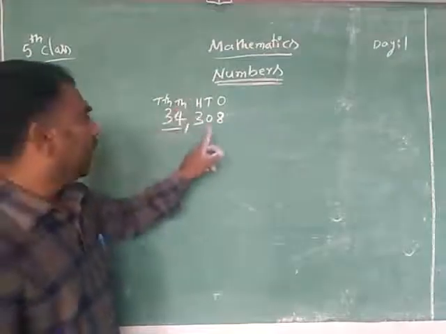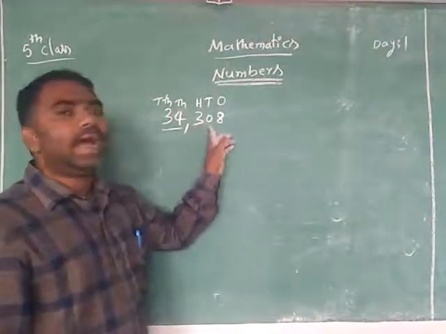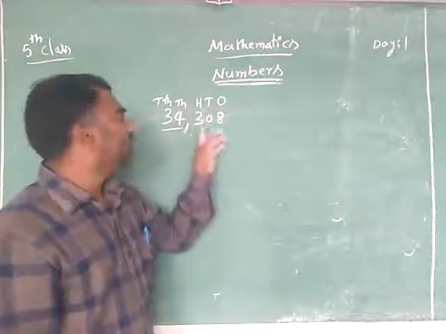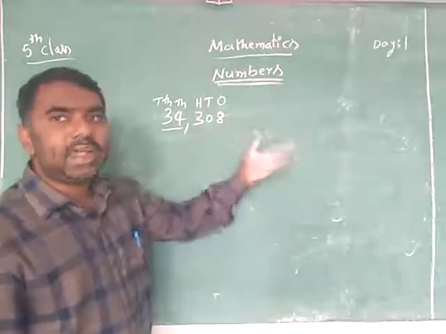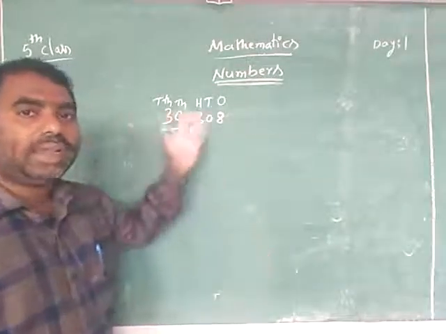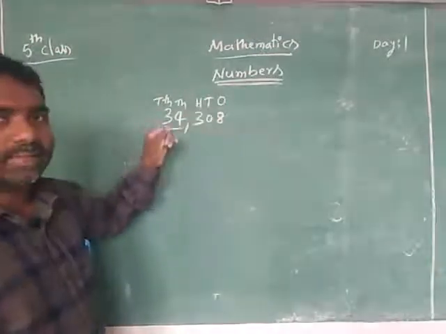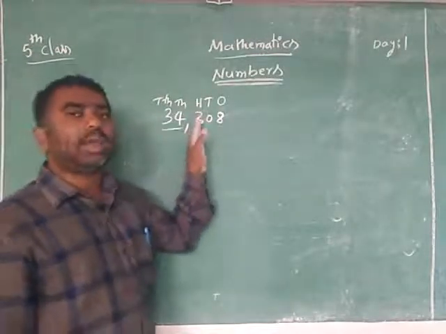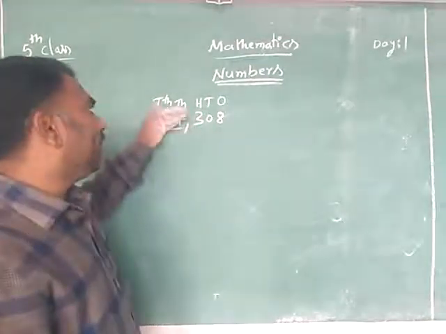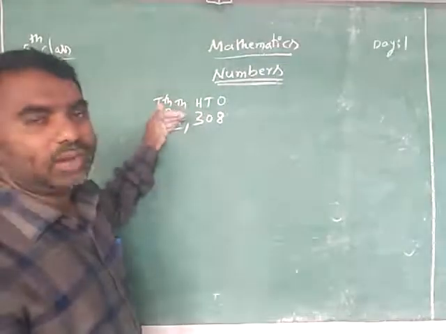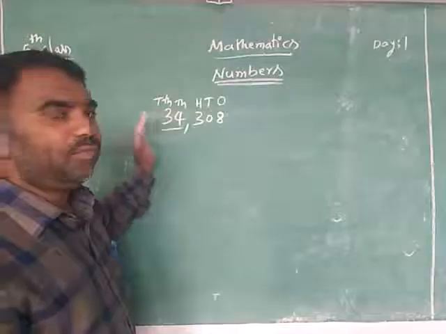34,000, and the remaining number is 308. So when you write numbers, after writing the number, you read the places and separate after the hundreds. Before the hundreds, whatever is there is that many thousands: 34,000.